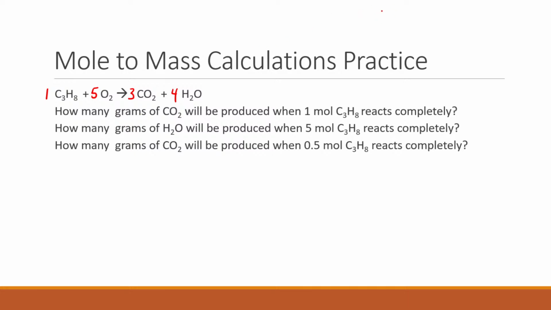And the important values from the periodic table are going to be for H, which is a mass of 1, carbon, which has a mass of 12, and oxygen, which has a mass of 16. And so again here, I'm going to put about 1.5 minutes on the clock and let you try these out.